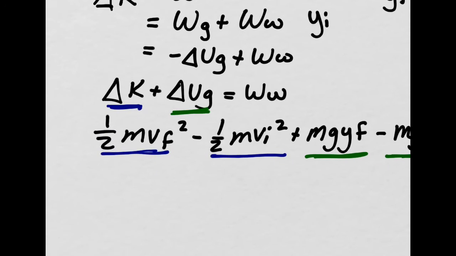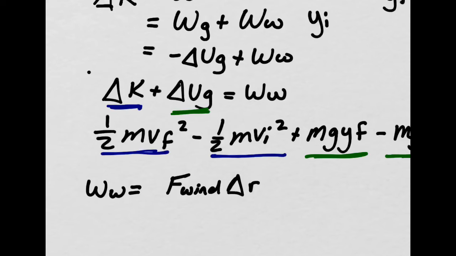So 1/2 m VF squared minus 1/2... So let's go back and talk about this work caused by the wind. So the work caused by the wind is equal to the force of the wind times the change in the path.